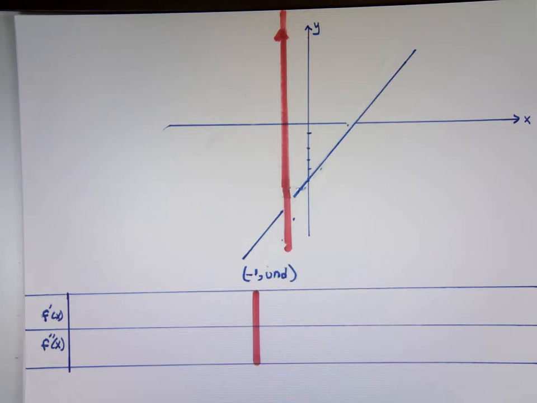I need the first derivative. Do I have the first derivative? I don't have it. So here's the good news. It's my TI-89 here.